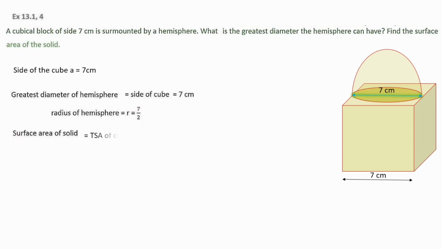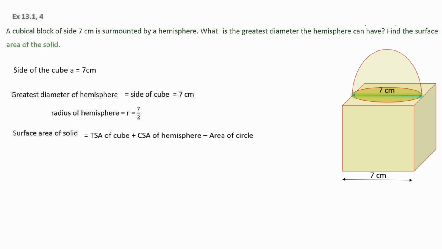So surface area of solid is equal to total surface area of cube. So the entire surface of the cube I am taking, plus the visible portion, this one, curved surface area of hemisphere. So that also we have added. Then there is some portion that is not visible, that is area of circle.